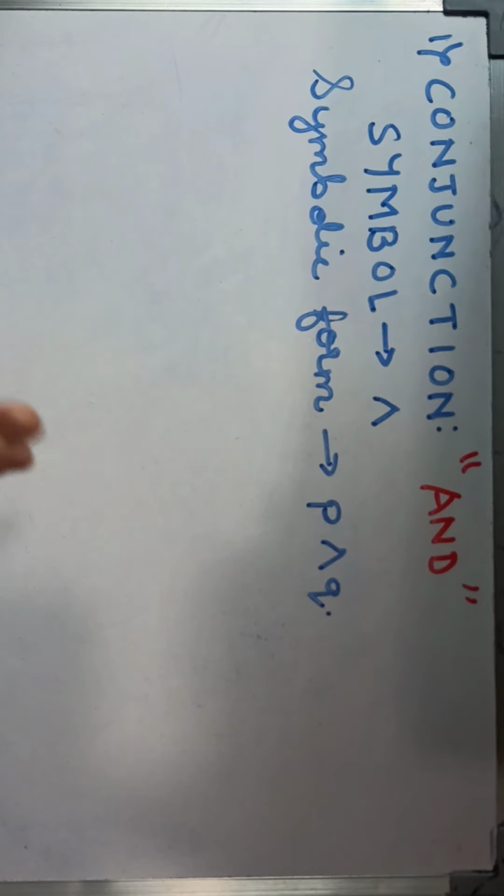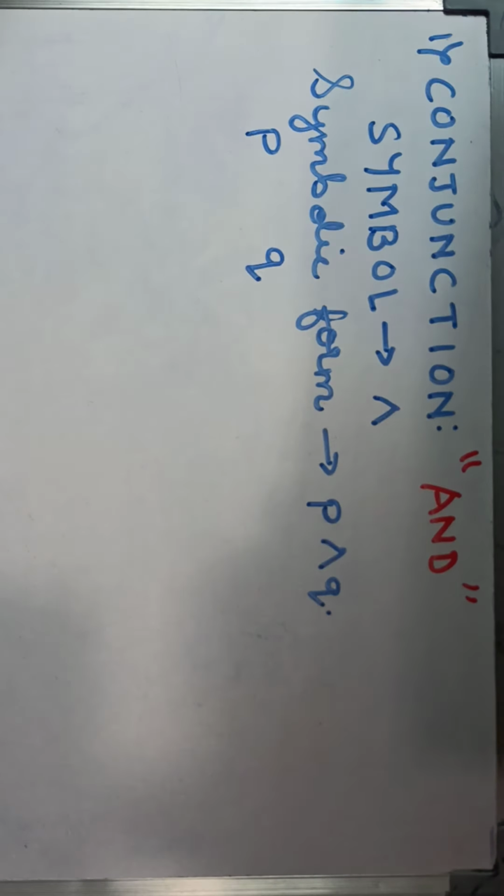Now let us see the truth table for conjunction. First we should understand what a truth table is. A truth table is a table which includes all the possibilities and combinations of the truth values of component statements. Suppose P and Q are the component statements, then what are the possible values of P and Q?